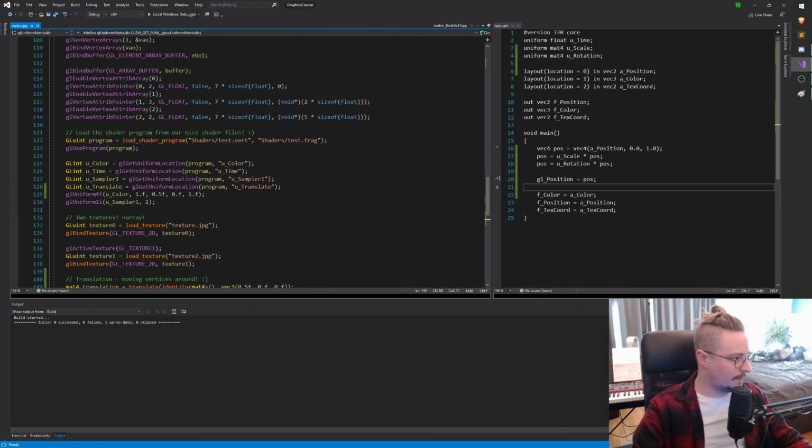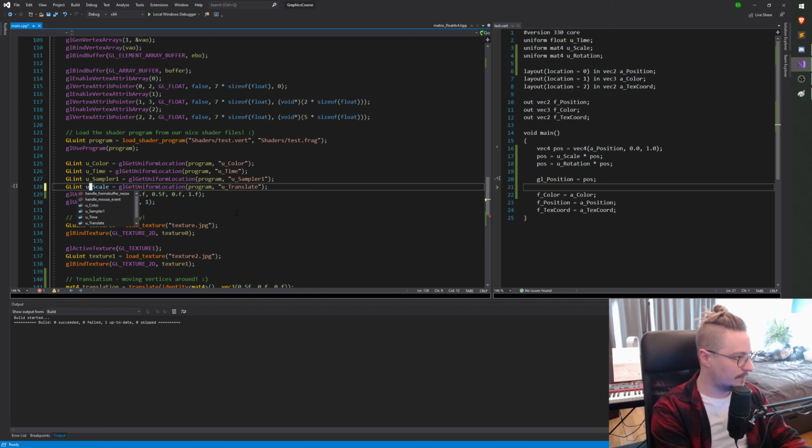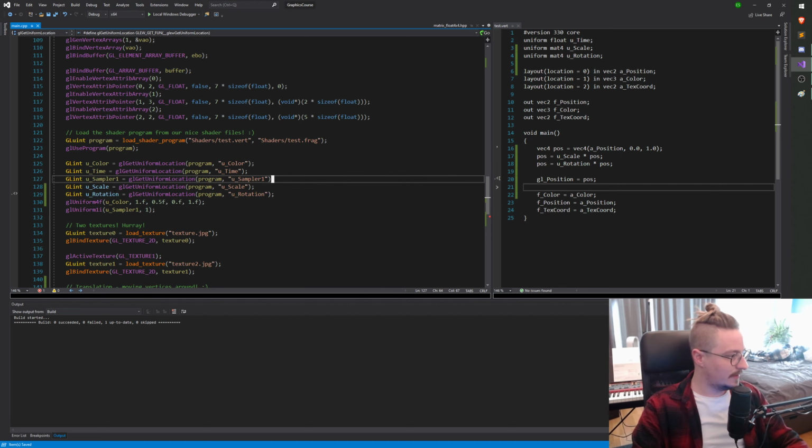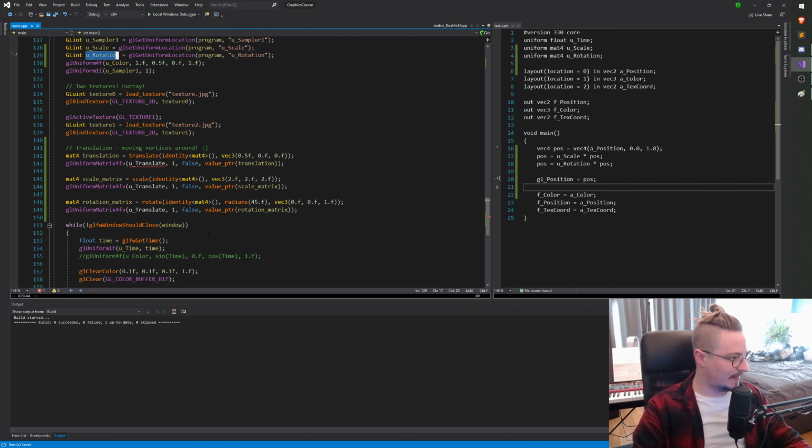Don't need to compile. And so let's get a reference to both of these uniforms, shall we? So uniform scale is uScale, and uniform rotation is uRotation. So I'm getting the handle to both the scale and the rotation.